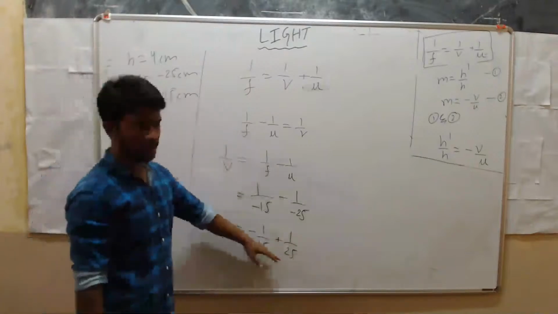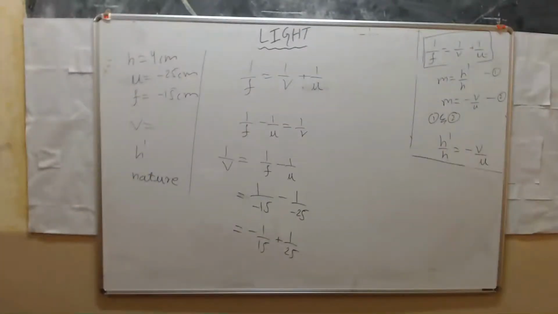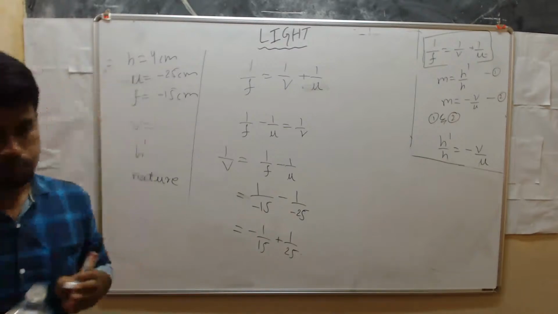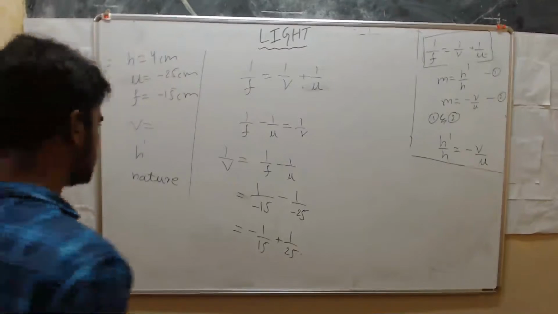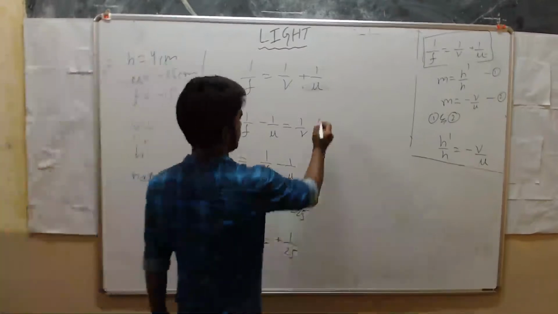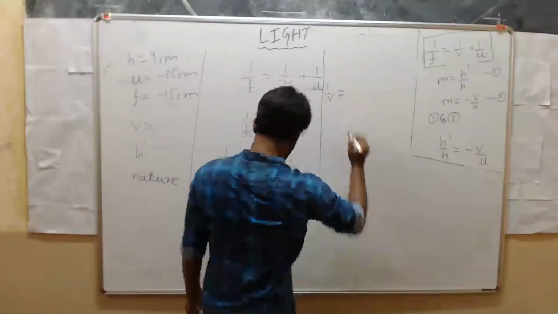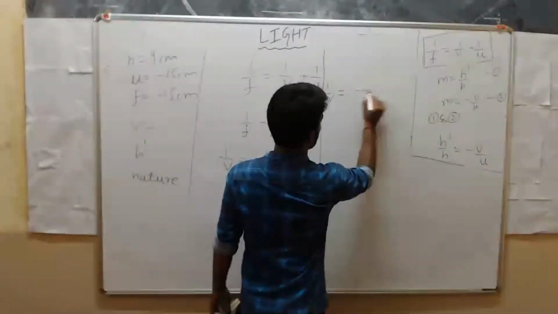So now take the LCM of 15 and 25, that is 75.